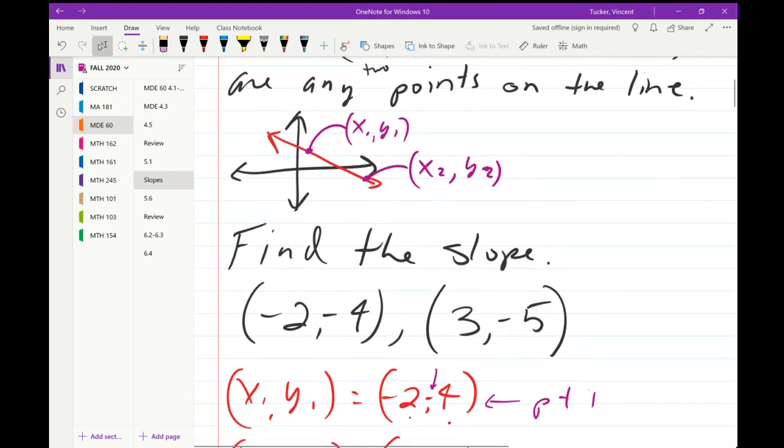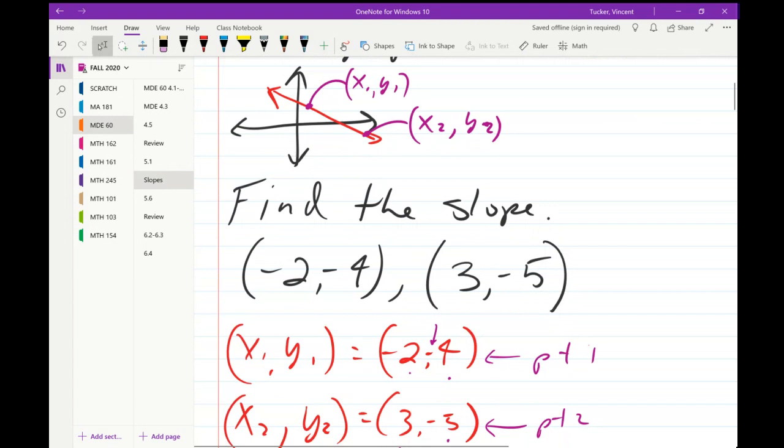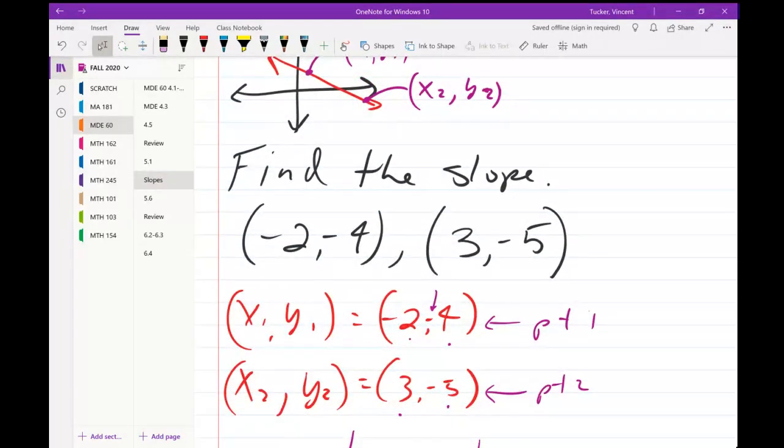All right, so if we had 2 points, they ask us to find the slope at the points (-2, -4) and (3, -5). First, you will decide which one you're going to call point 1 and which one you're going to call point 2. So I decided to call (-2, -4) point 1, (3, -5) point 2.